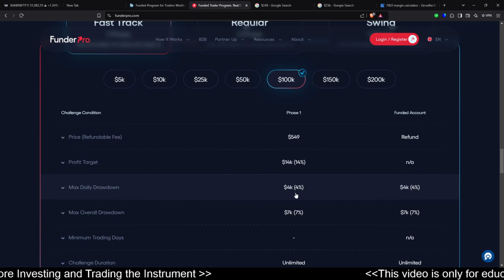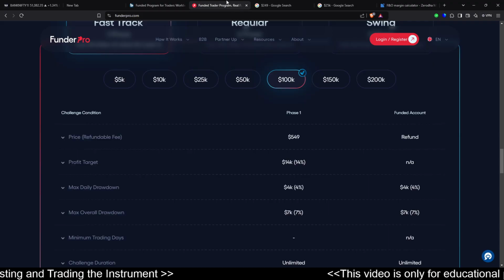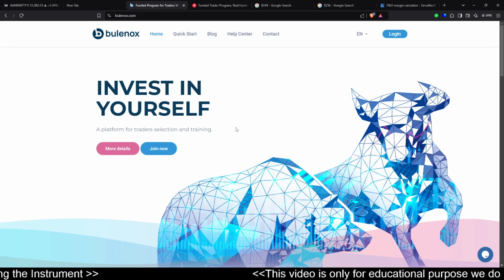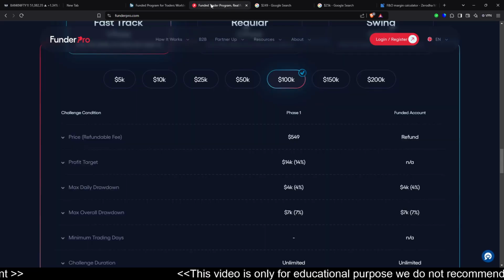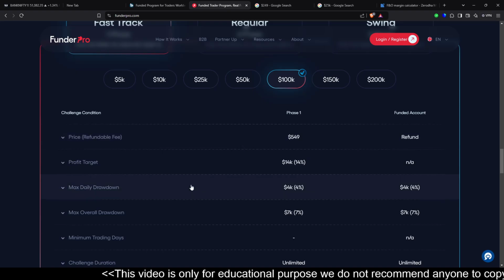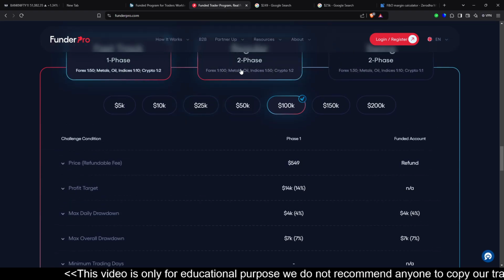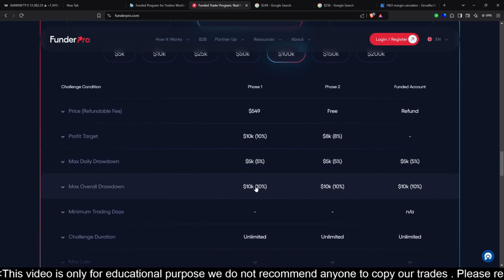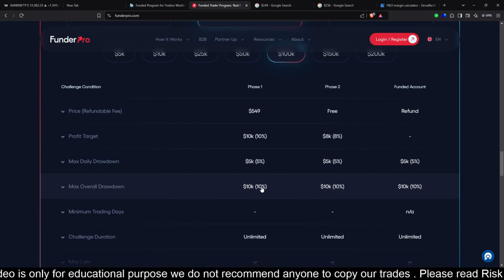So this is one of the best platforms that I am showing you, and I am working with these guys. Also I have explained that for freshers, the forex platforms are better to trade, because they have a better maximum drawdown. The maximum drawdown is around 10% of the overall capital.